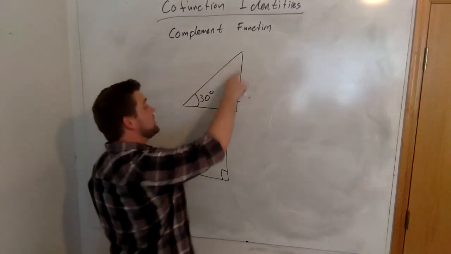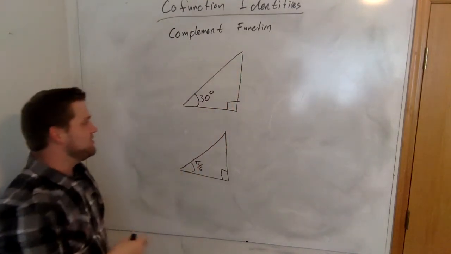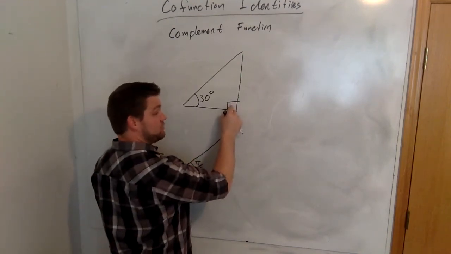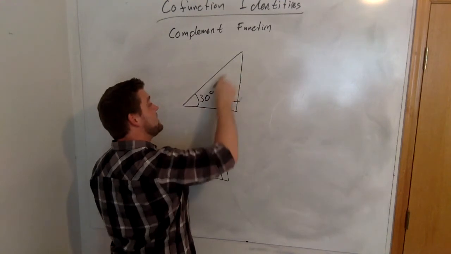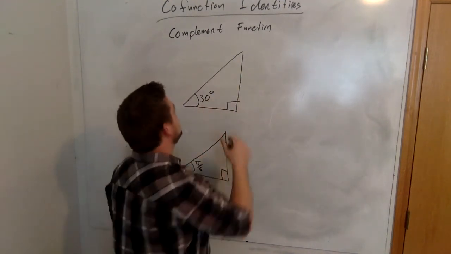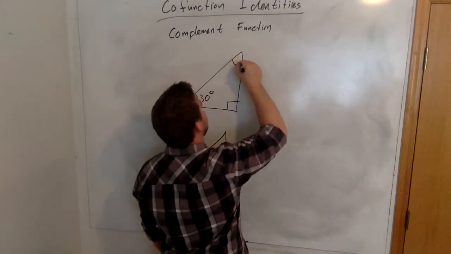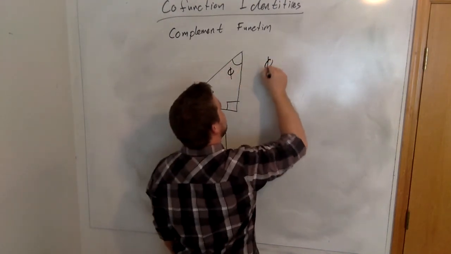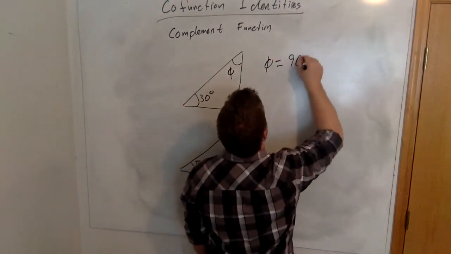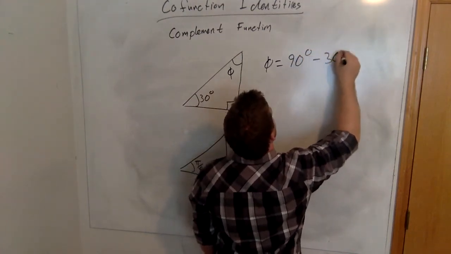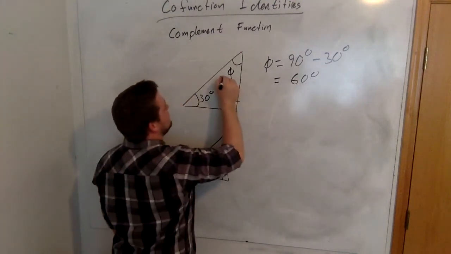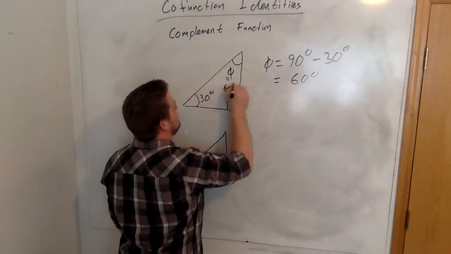The sum of the angles of a triangle add to 180 degrees. Since 90 degrees is taken up with the right angle, these two angles must add to 90 degrees. So this angle here, maybe I'll call it phi, must be 90 degrees minus 30 degrees, which is 60 degrees.